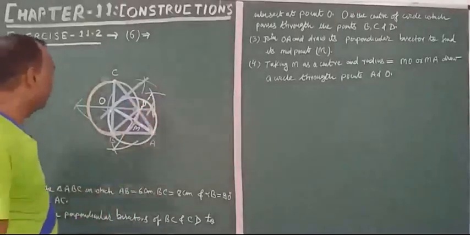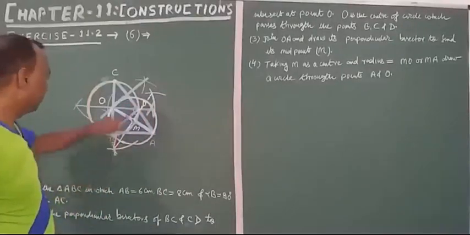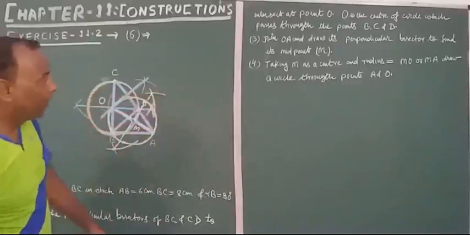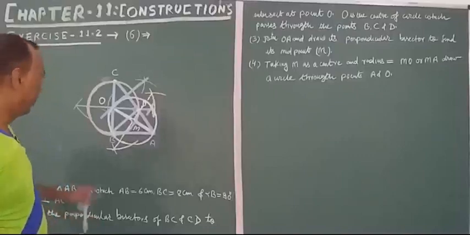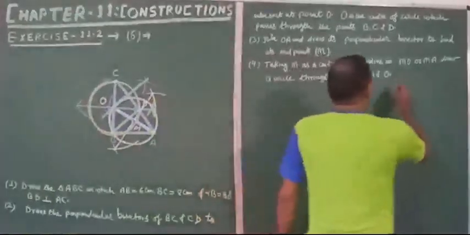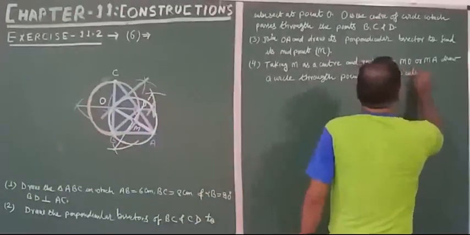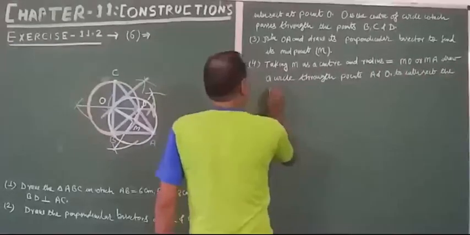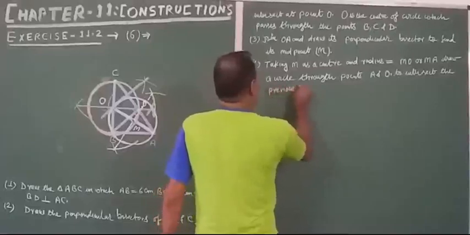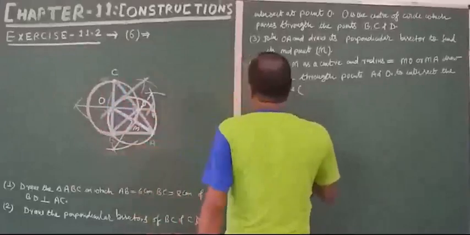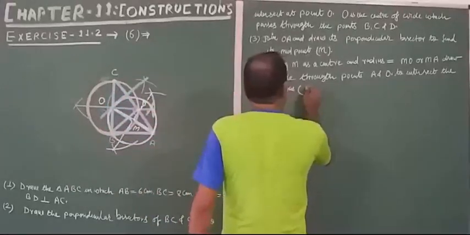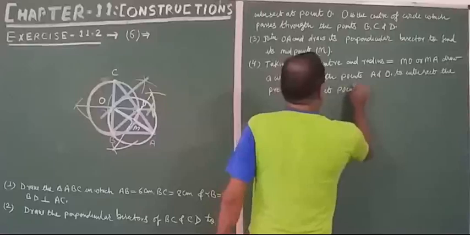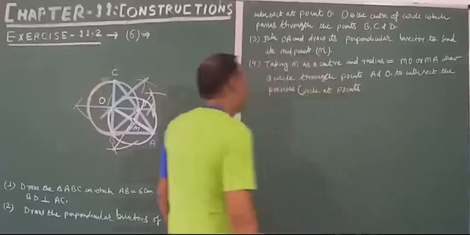And to intersect the given circle, taking M as a center and radius MO or MA, draw a circle through points A and O to intersect the previous circle, this saffron colored one, at points.